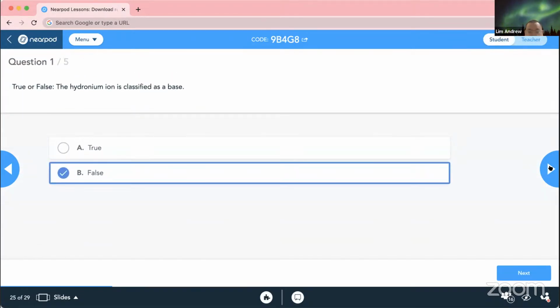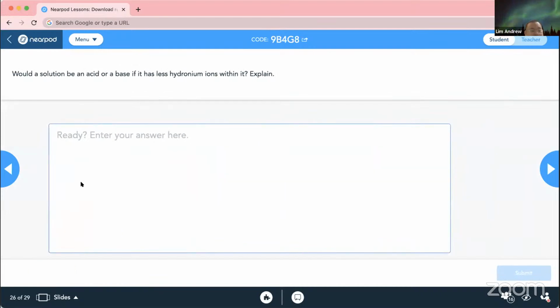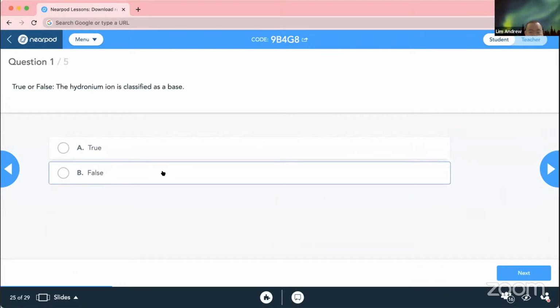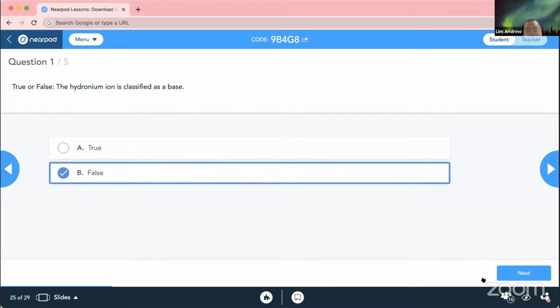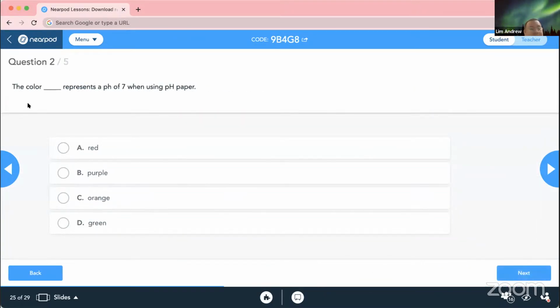All right. Next question. Sorry, my bad. How do I go to the next question on my side? Okay, a moment. So it's space. Okay, next question. The color represents pH 7. So which color actually represents pH 7 in the litmus paper?